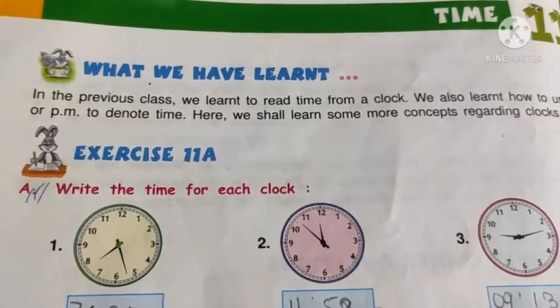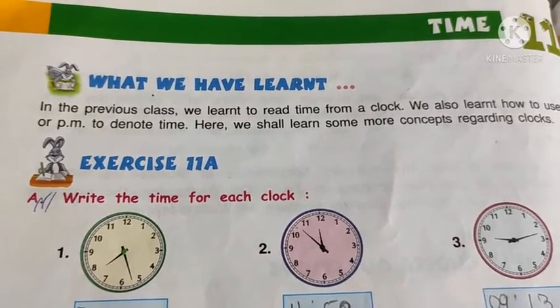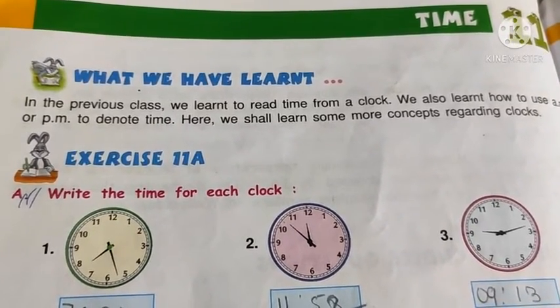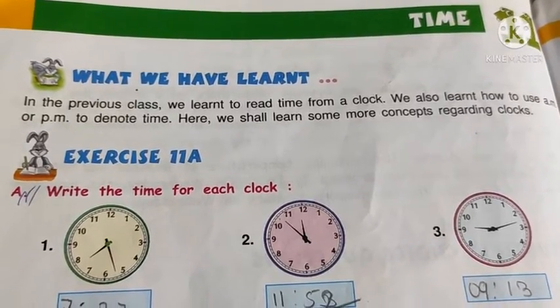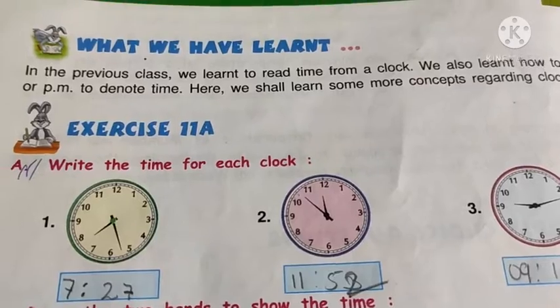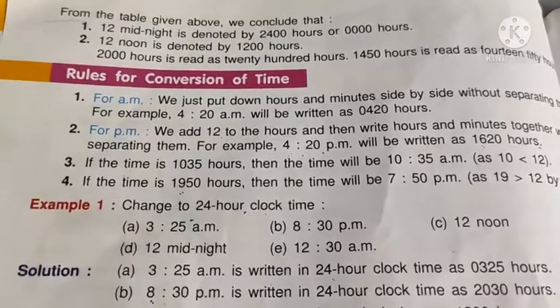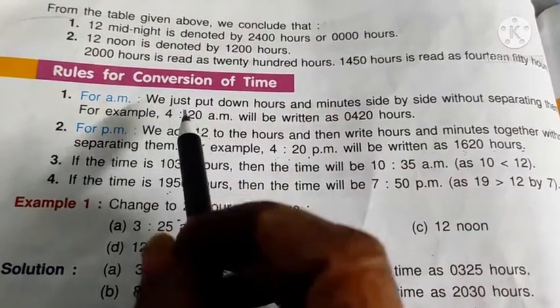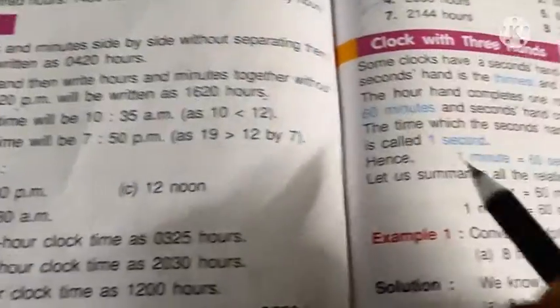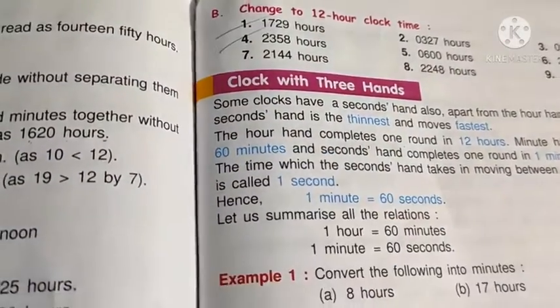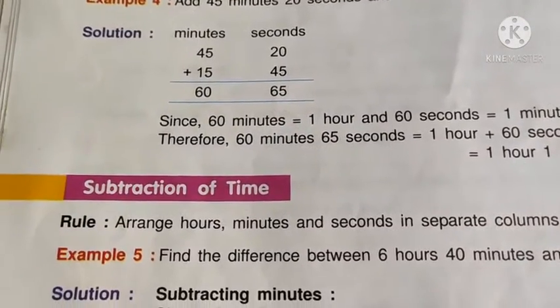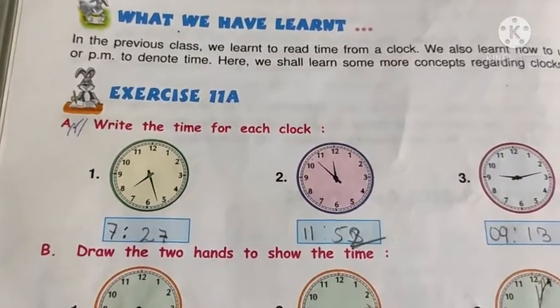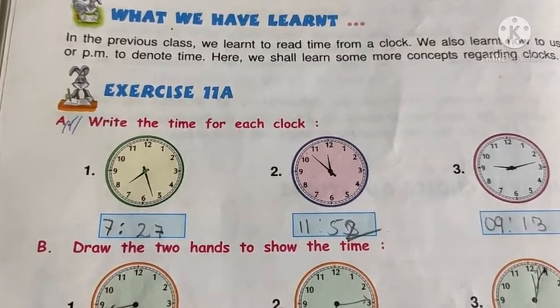In this lesson we will learn some more concepts about time, and at the end of this lesson we will know about 24-hour clock time, rules for conversion of time, clocks with 3 hands, addition of time and subtraction of time. So let's begin the class with exercise 11A.